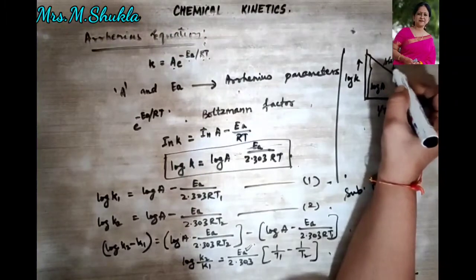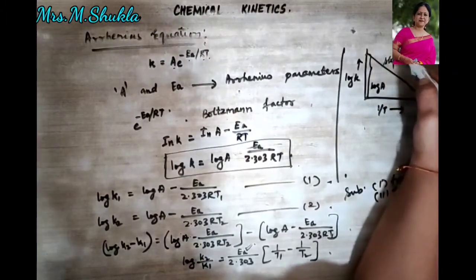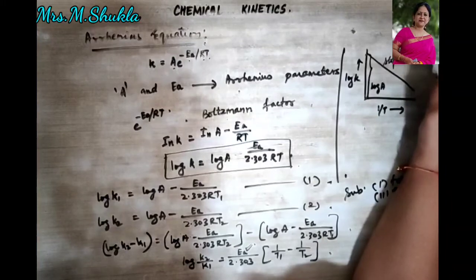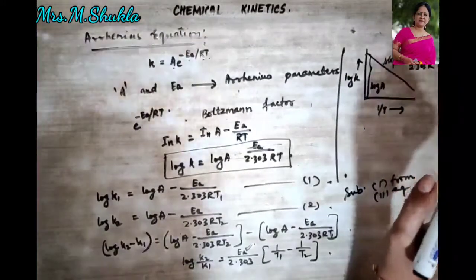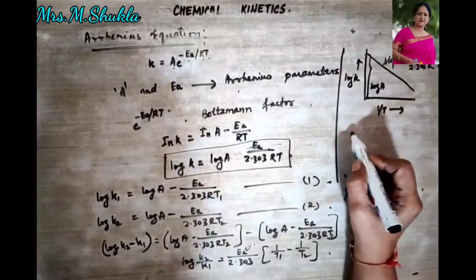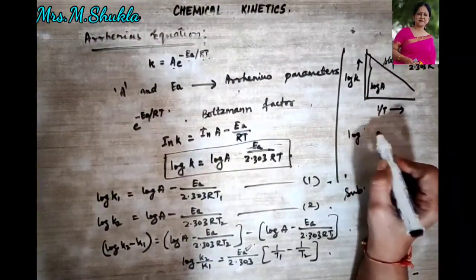And this slope is equal to minus EA upon 2.303 R, right? So over here, what is the equation?